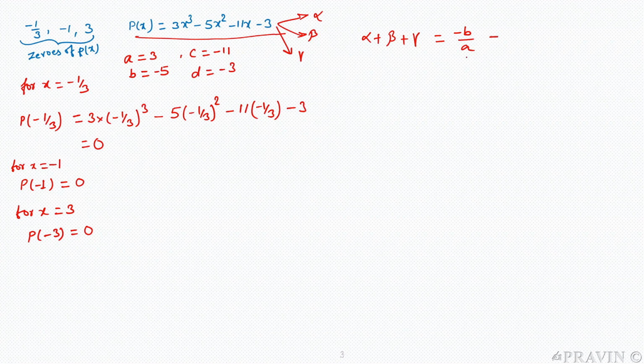Now, minus b by a: what is minus b? Minus into minus 5, and a is 3. You are getting 5 by 3. But you are already given that the zeros are minus 1 by 3, minus 1 and 3.